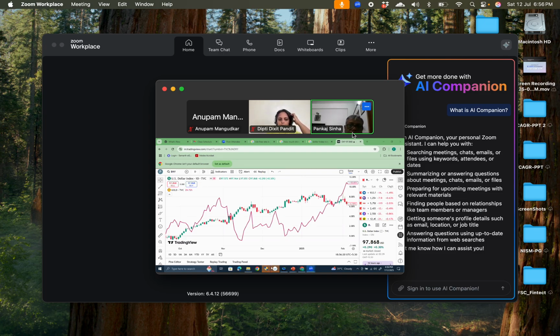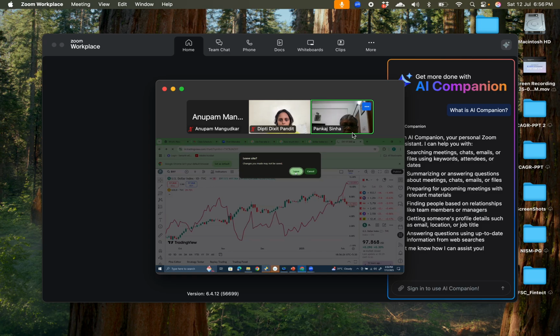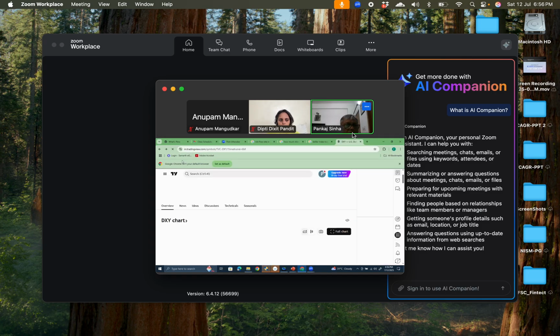You have seen the dollar index is currently about 2% depreciated vis-a-vis the basket of currencies of six countries.